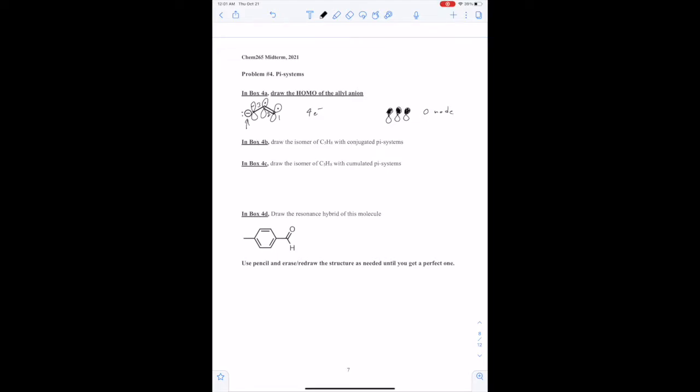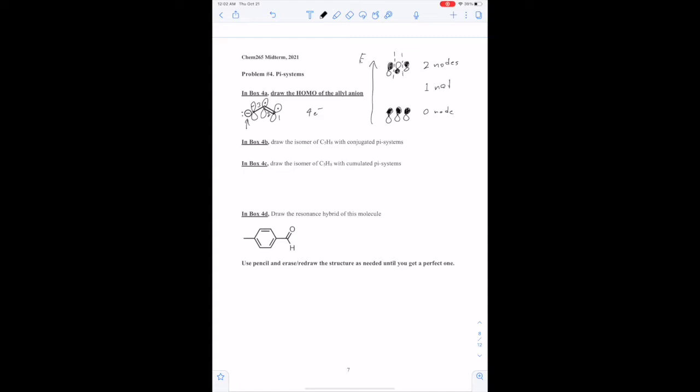Okay, let me just label that. And the highest one would have 2 full nodes in the middle. Okay, and the middle one would need 1 node.